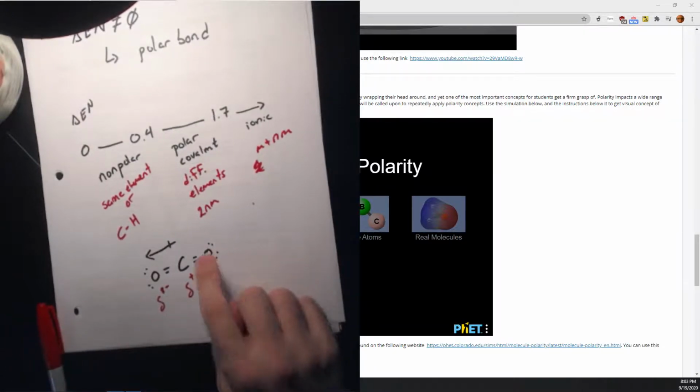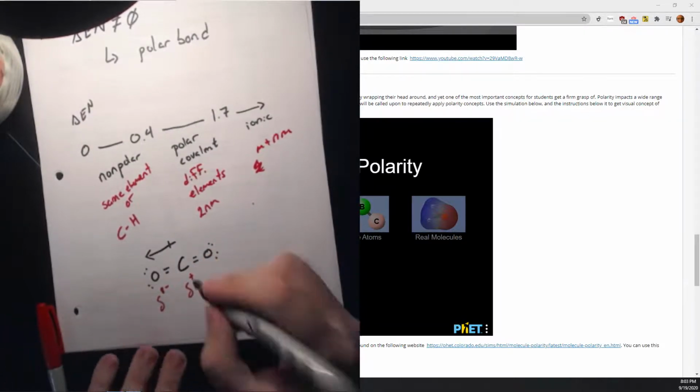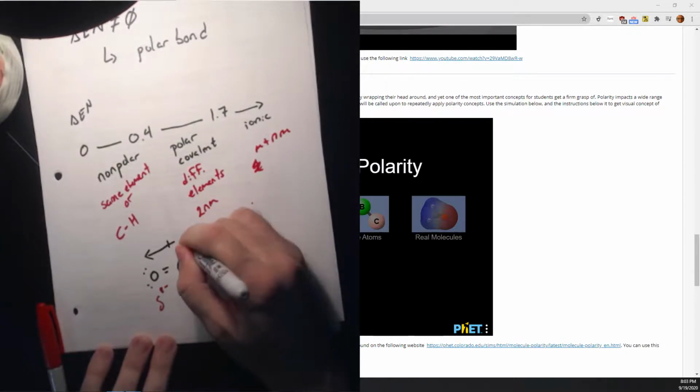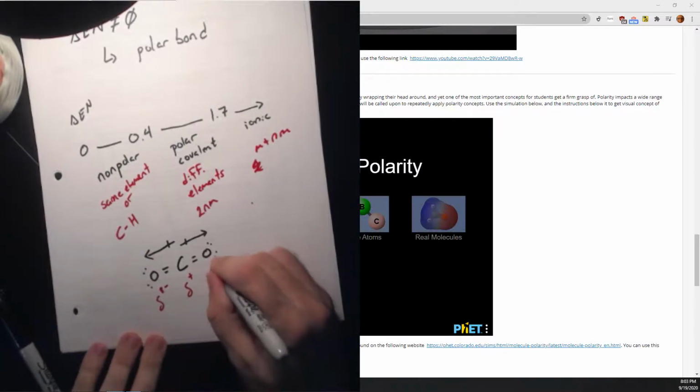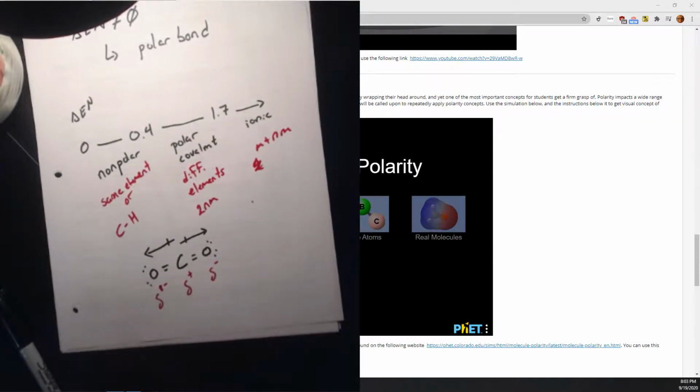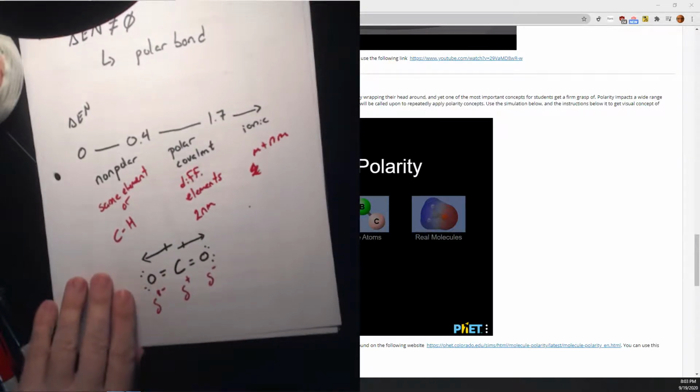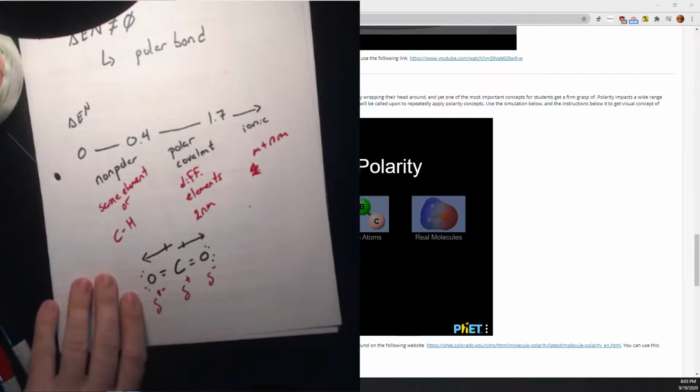Now, the other bond does the exact same thing, which means you also get a partial negative charge on this oxygen. Polar bonds are very, very common, but you can have a polar bond inside of a nonpolar molecule.